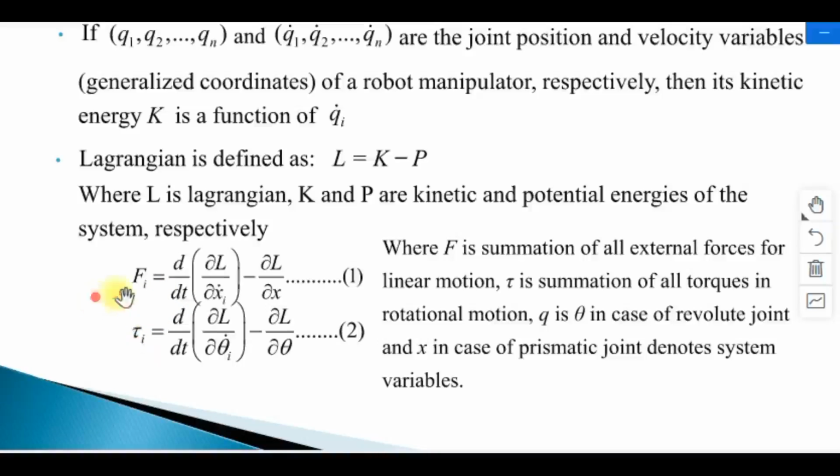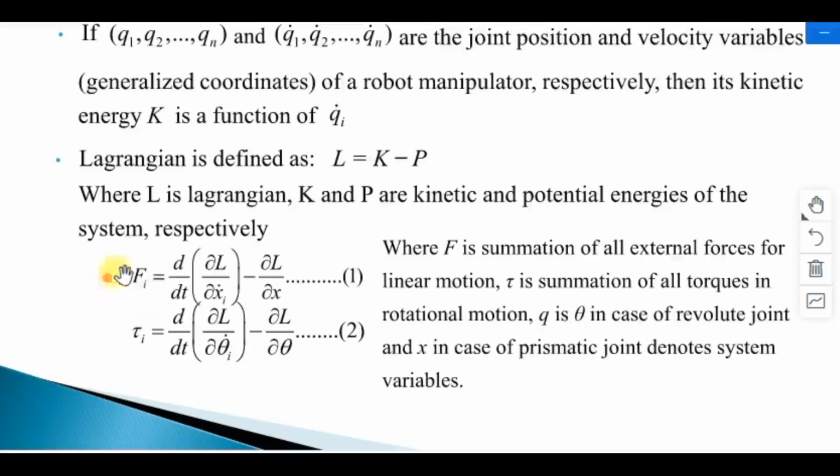So in the case of force, look, theta is missing because it is only the linear movement, but in the case of torque, it is rotation, that is for the revolute joint.